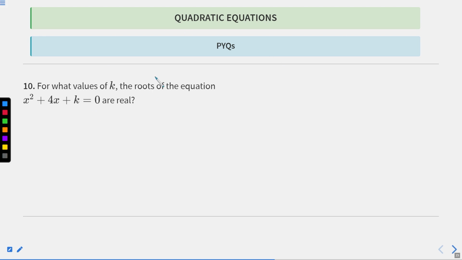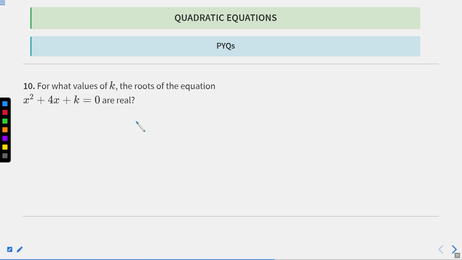How to approach this problem? Think about this. Which concept will be used for solving this problem? That we have to remember and keep in our mind.